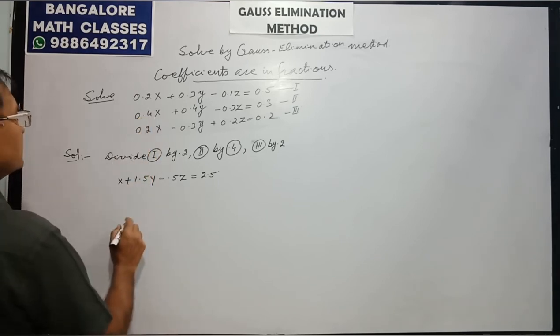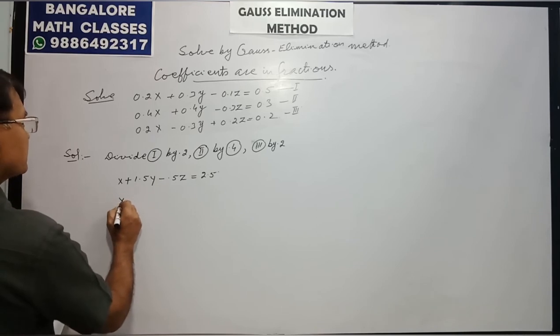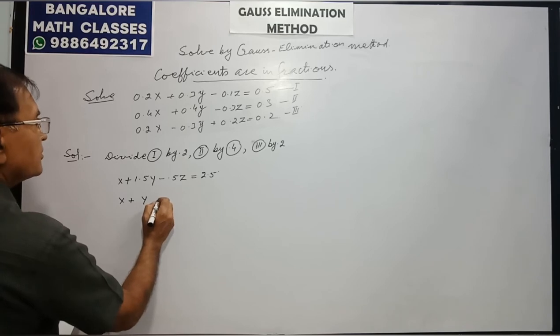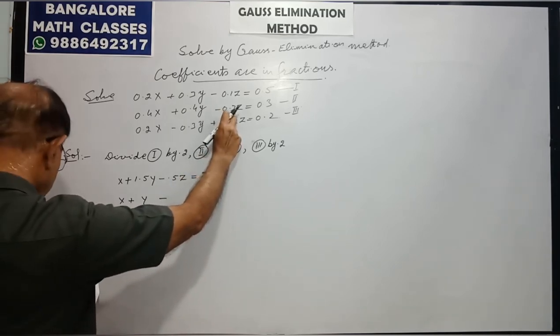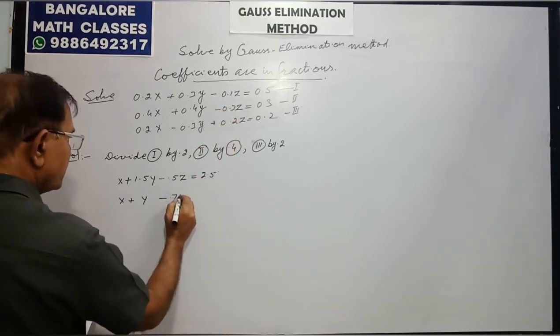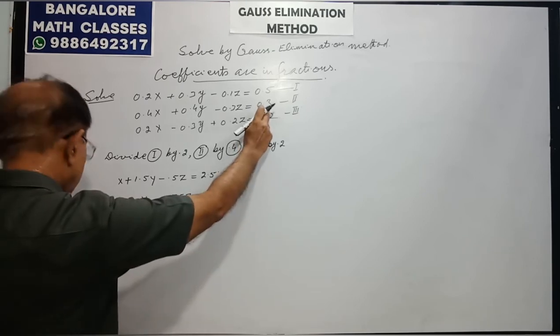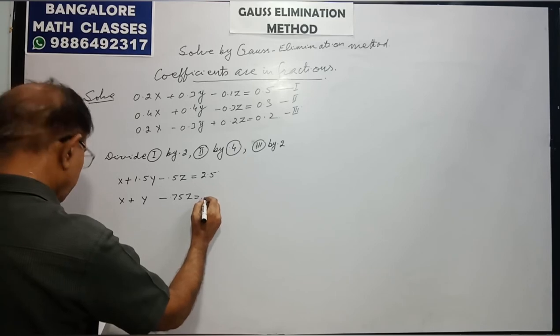Here, divided by 4.  x plus y minus 0.75z equals 0.75, divided by 0.4.